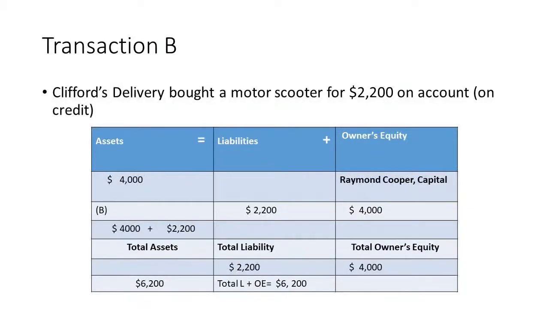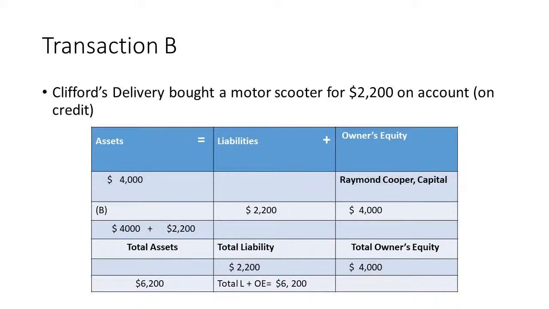All right, the next transaction. Clifford's Delivery bought a motor scooter, because he's going to do little courier services, for $2,200 on account. In other words, by credit. So, remember our cash, we still have our cash there. Under assets, we have under cash $4,000 plus, how much was the scooter? $2,200.